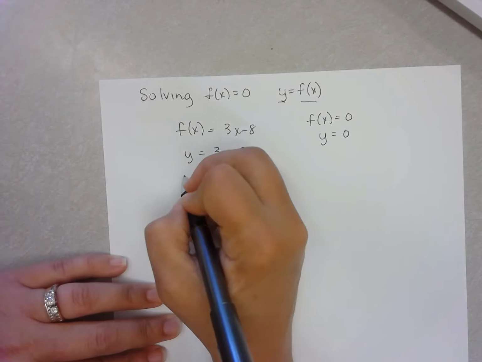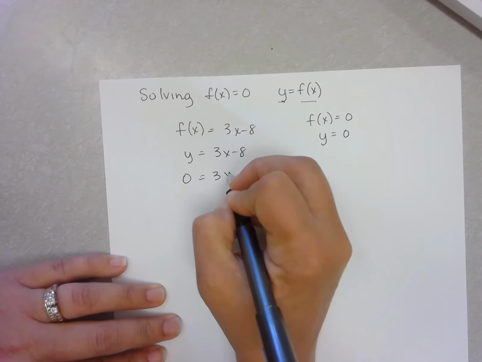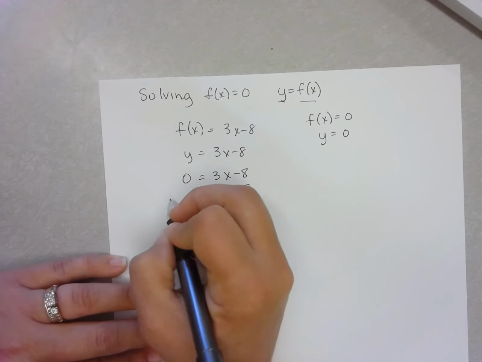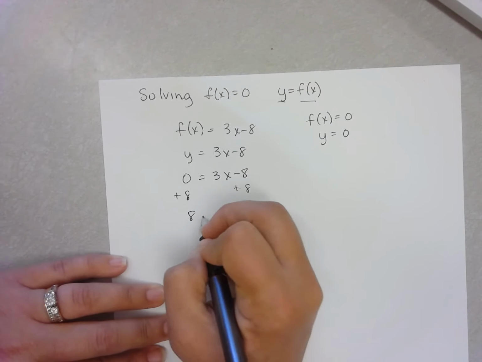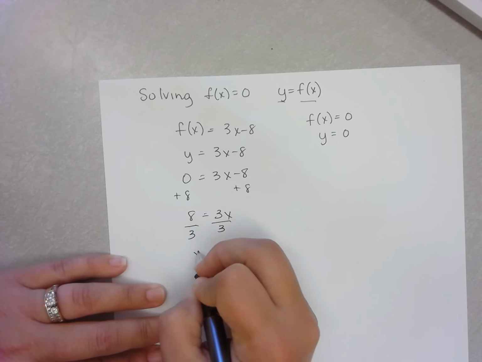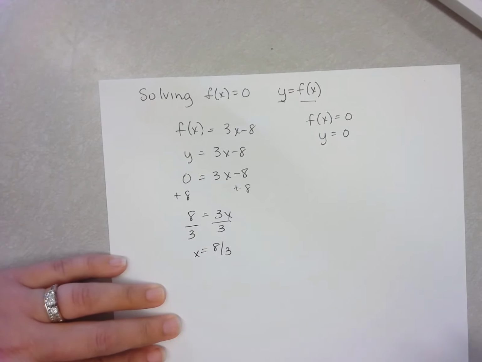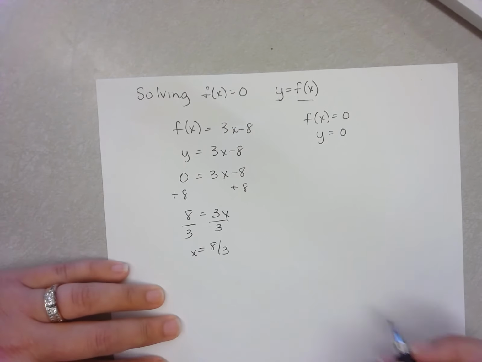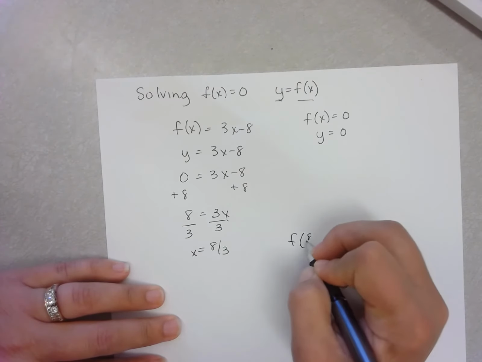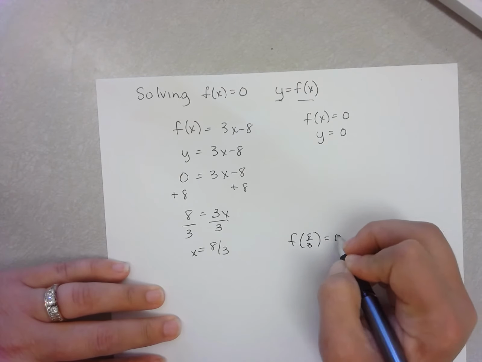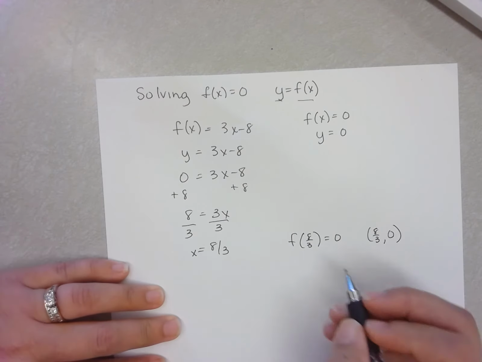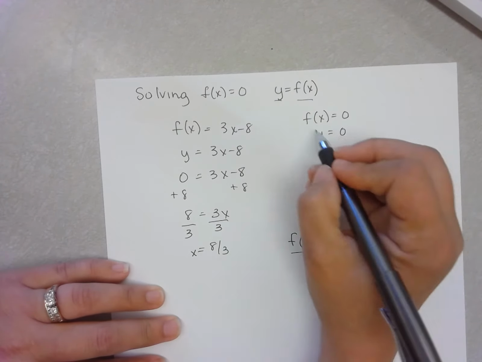Okay, I'm going to plug in 0, and now this is just a simple equation that I solve. So I add 8 to both sides. I have 8 equals 3x, and so my x equals 8/3. So the way that I would write that back in my functional notation would be f of 8/3 is equal to 0.